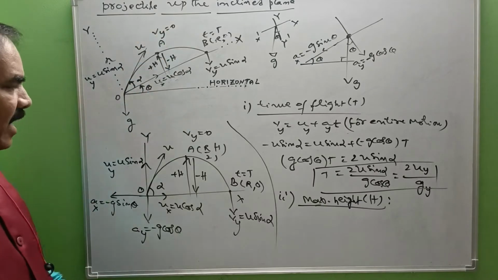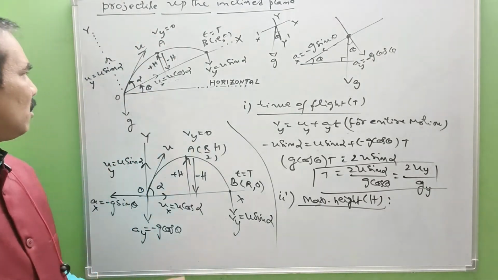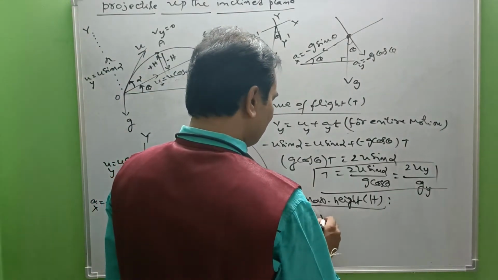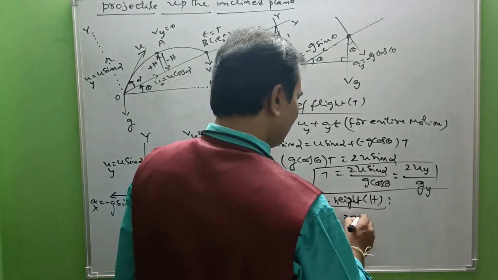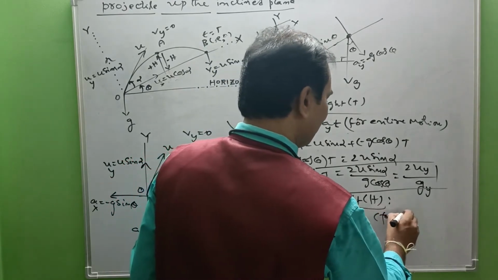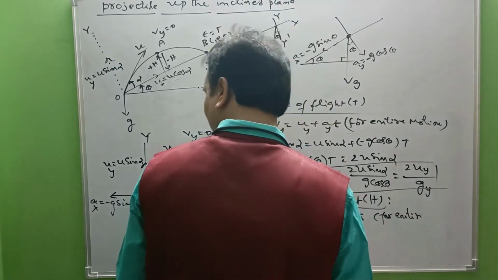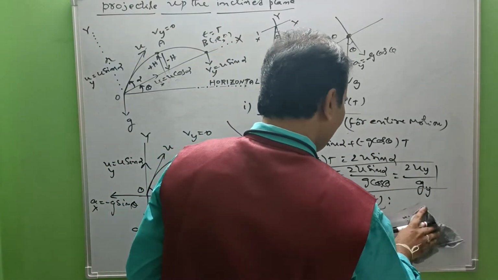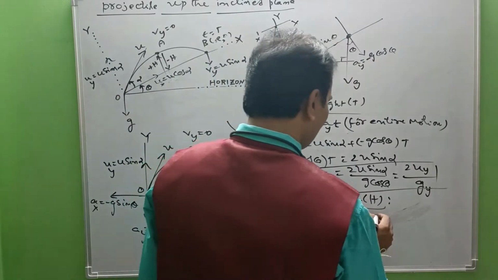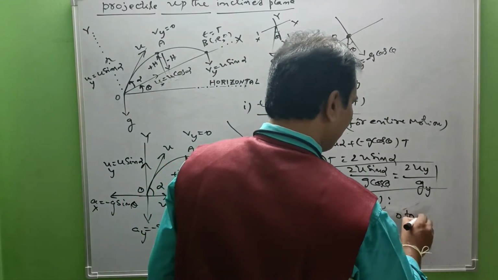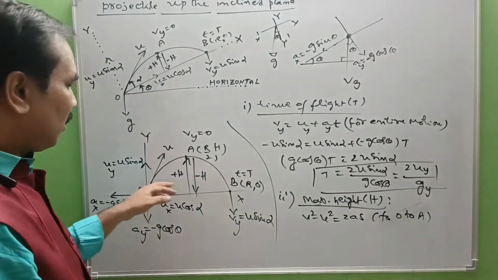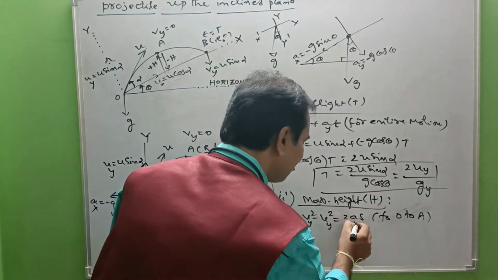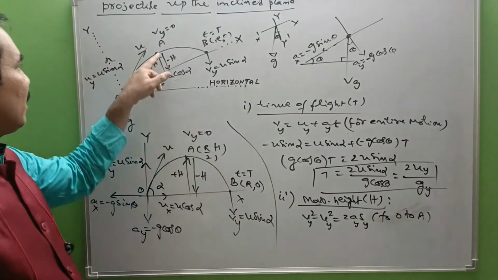Take the expression v square minus u square equal to 2as along the y-axis, for the segment O to A during ascent. What is vy here?